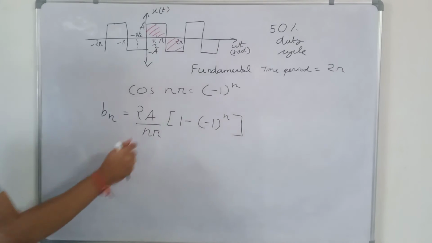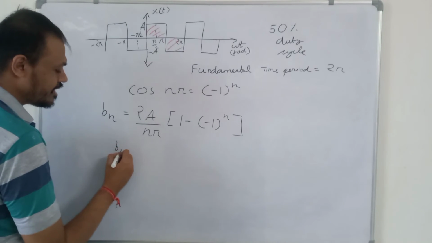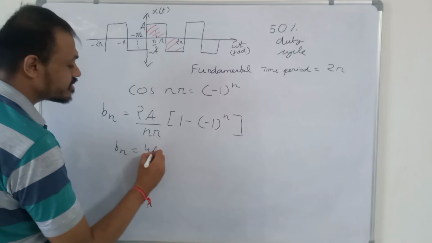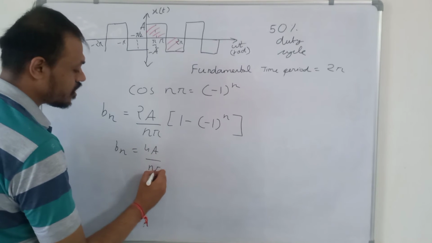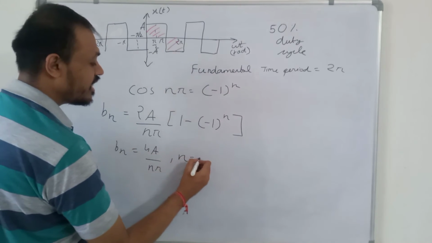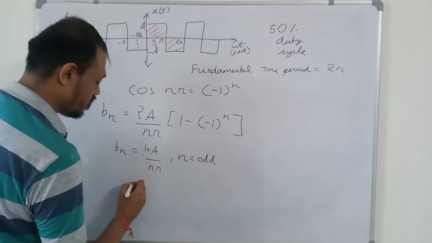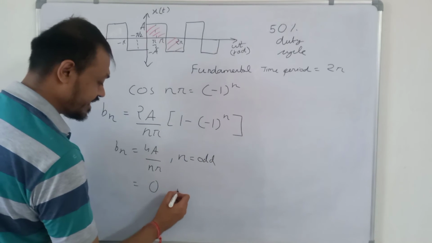So if n is odd, then Bn will be equal to 4a upon n pi, and Bn will be equal to 0 if n is even.